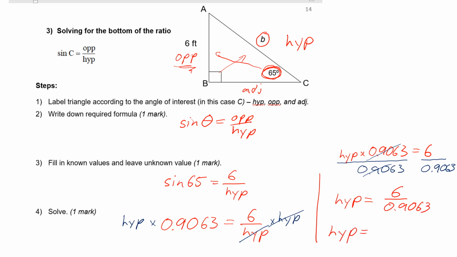I type in my calculator 6 divided by 0.9063, and I get 6.62. Since this answer is in feet, my answer should also be in feet. So 6.62 feet is the length of the hypotenuse.